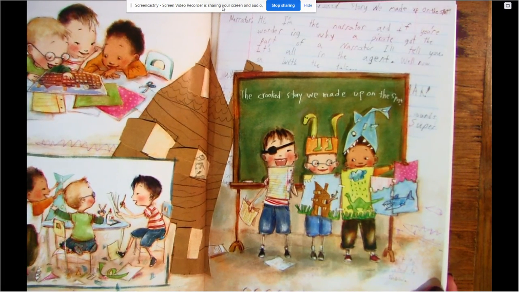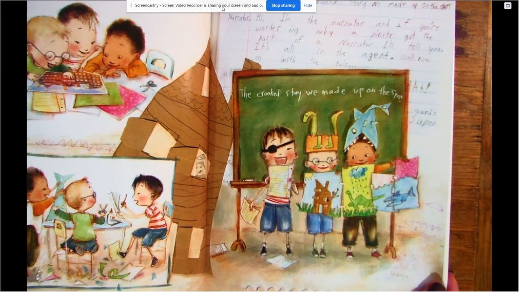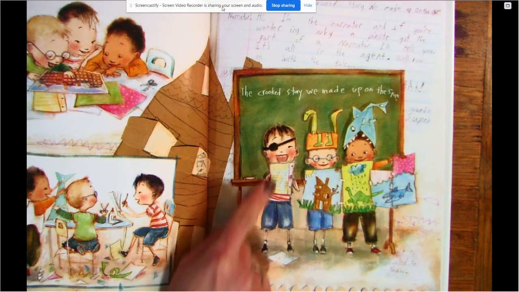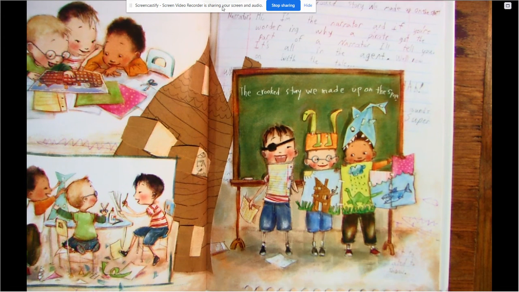The crooked story we made up on the spot. So here they are presenting their story with all of their artwork. So it looks like Justin is reading. Brian and Emilio are sharing, right, their artwork.